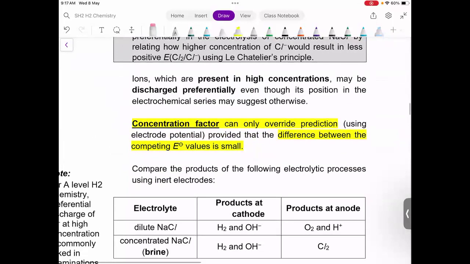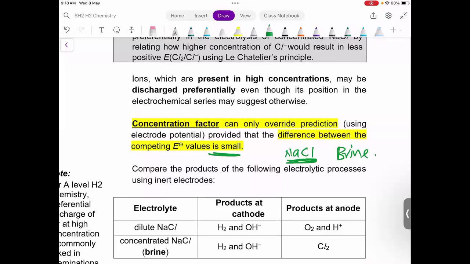Sometimes concentration can override the E0 values if the difference between the competing E0 values is small. And most often the example that we are looking at is with respect to sodium chloride, brine.